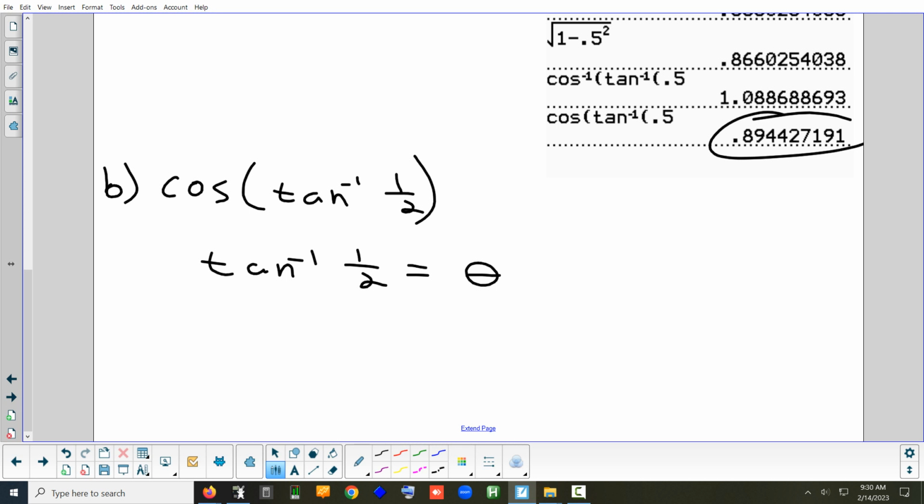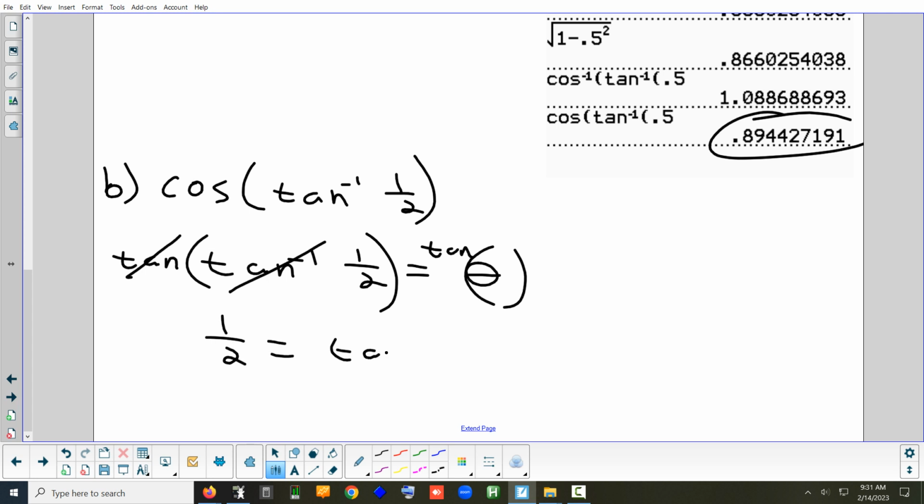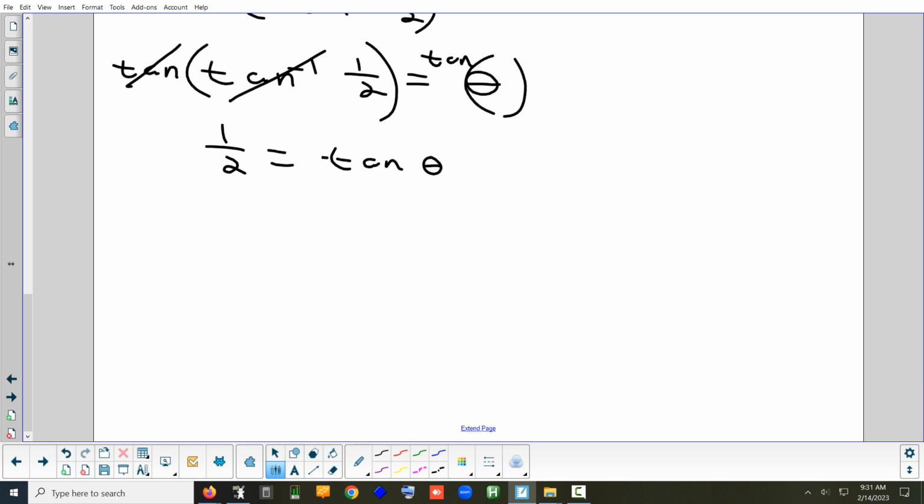And then to think about this in terms of a right triangle, what are we going to take on each side? Take the tangent. When you take the tangent on each side, what happens on the left? Cancels out the tangents. And now you have 1/2 equals the tangent.